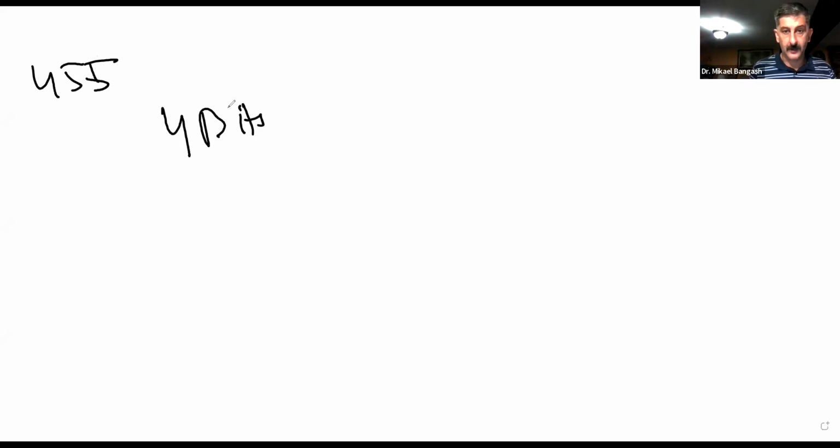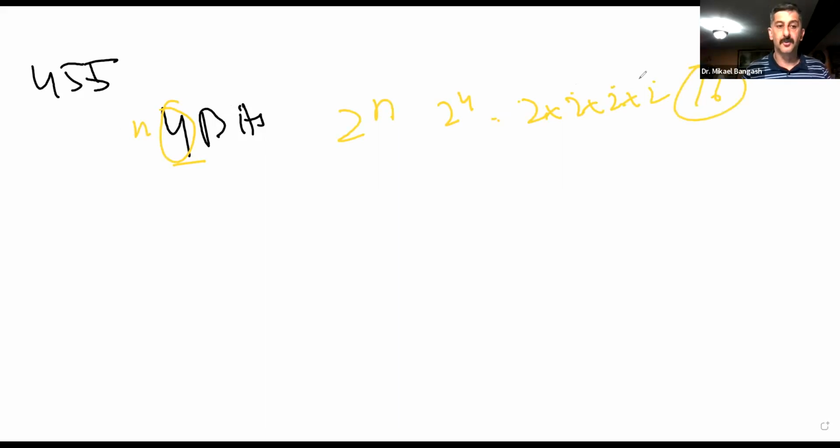The number of shades of gray that 4 bits may represent is going to be 2 raised to the power n, where n is the number of bits. That means 2 raised to the power 4, which means 2 times 2 times 2 times 2, which is 16. So 4 bits per pixel can give you up to 16 shades of gray per pixel. Did that make sense?